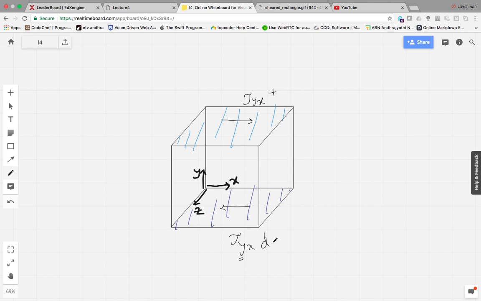Tau yx multiplied by the area of this plane, dx dz, and when you apply Taylor series expansion, you get the same thing again: tau yx plus del tau yx by del y dy, multiplied by dx dz. So that's all on these two planes.